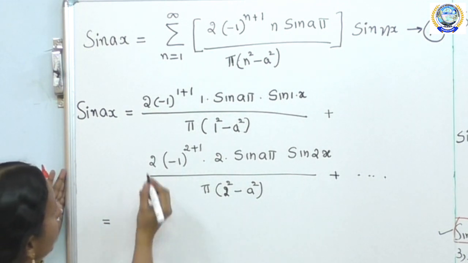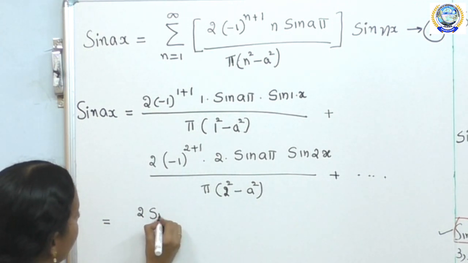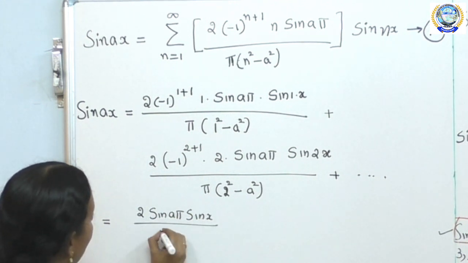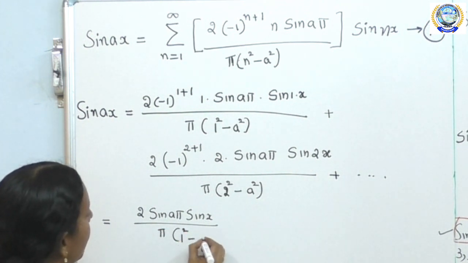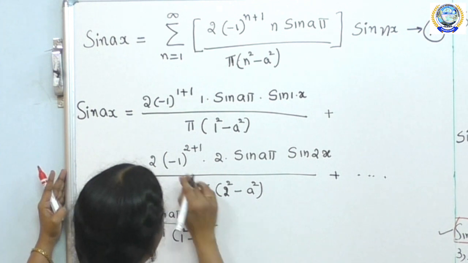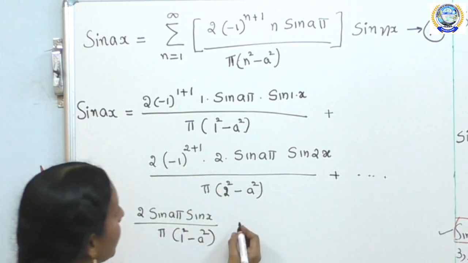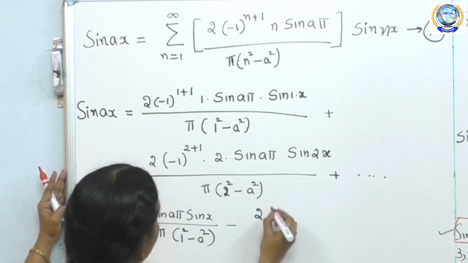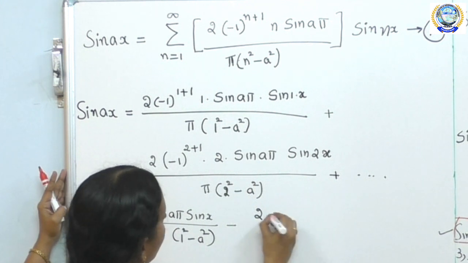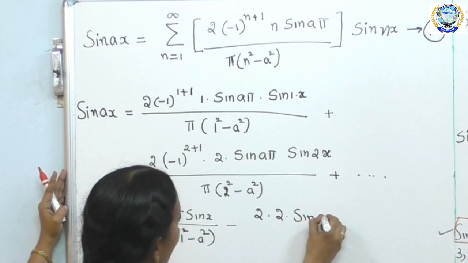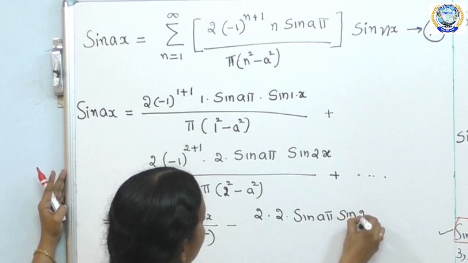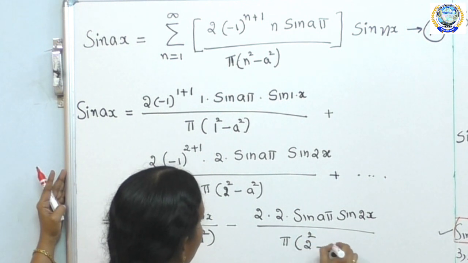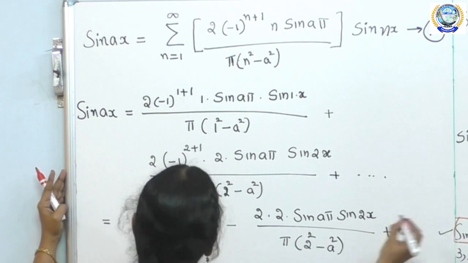This can be written as 2 sin aπ sin x/(π(1² − a²)) minus 2 into 2 sin aπ sin 2x/(π(2² − a²)) plus so on.